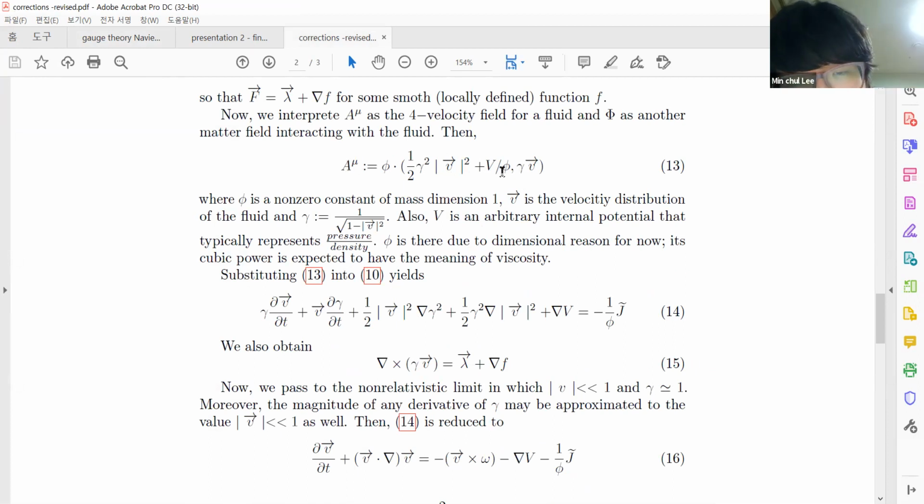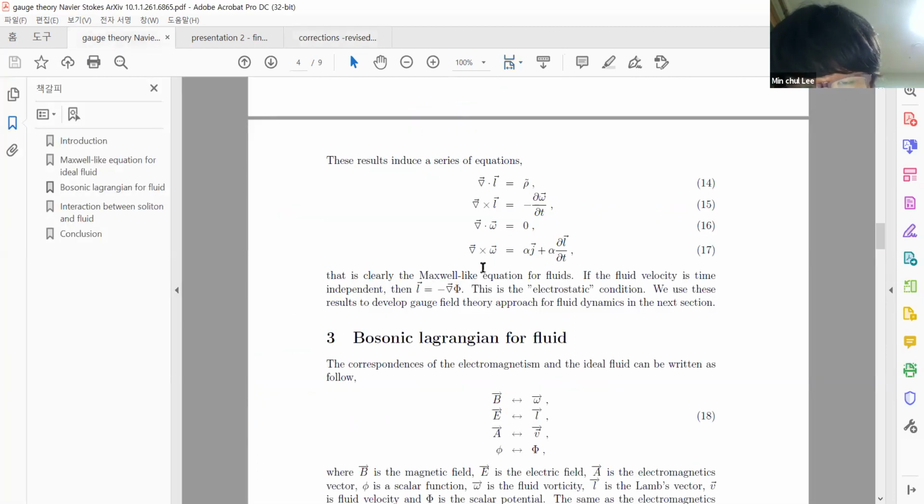Is this A totally unrelated to the A on the other slide? Actually, this paper just worked in a non-relativistic framework, and there's another paper that works in the relativistic framework. I combined both of them.